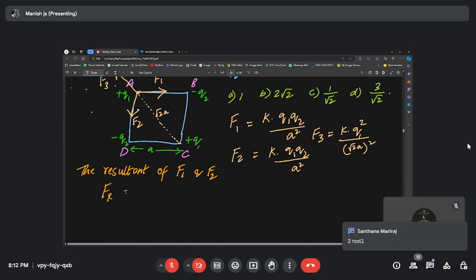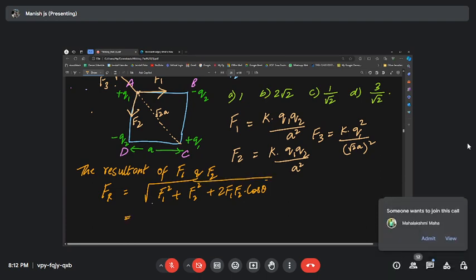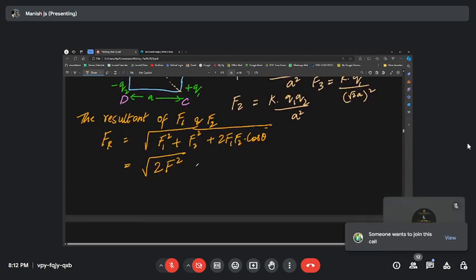Fr is equal to under root of F1 squared plus F2 squared plus 2 F1 F2 cos theta. Here theta is 90 between F1 and F2, so you would only get F1 squared plus F2 squared. F1 and F2 are both the same magnitude, so we can write it as under root of 2 times F squared.